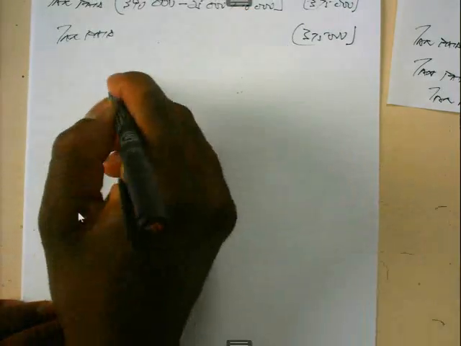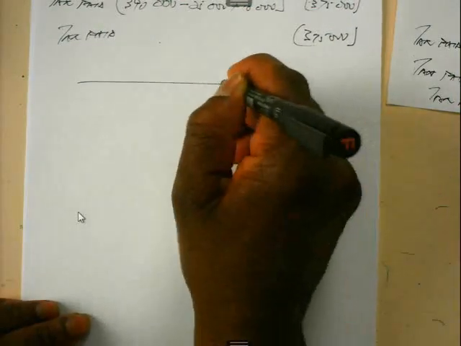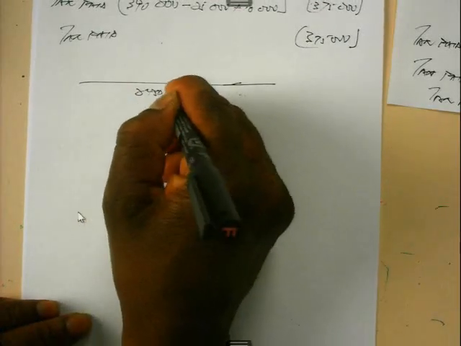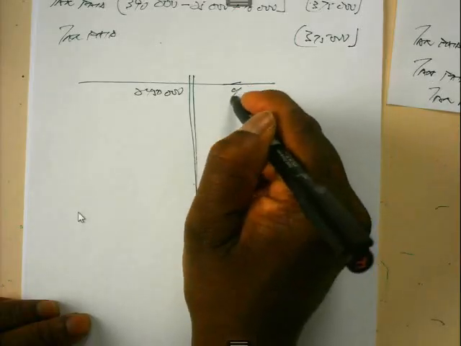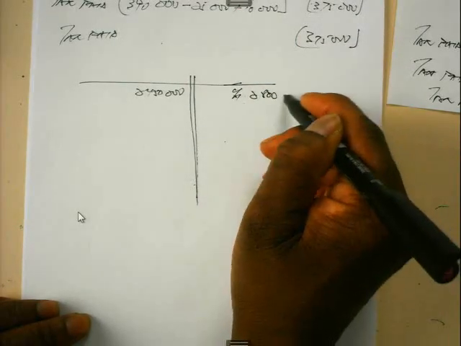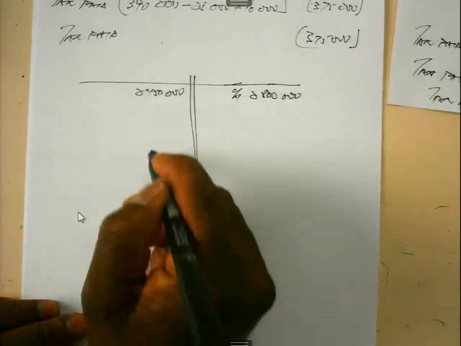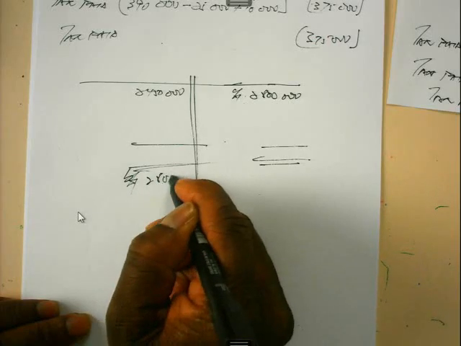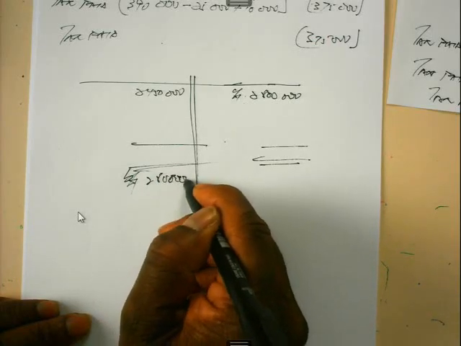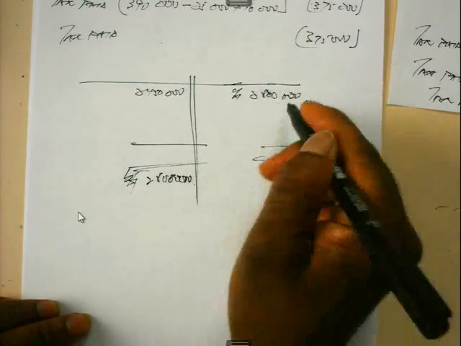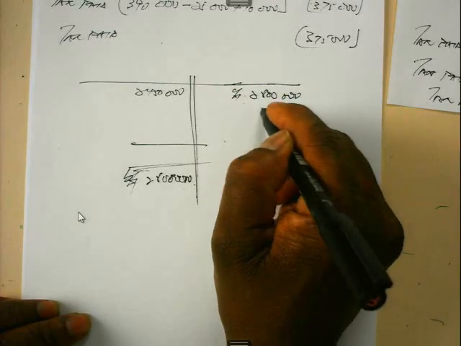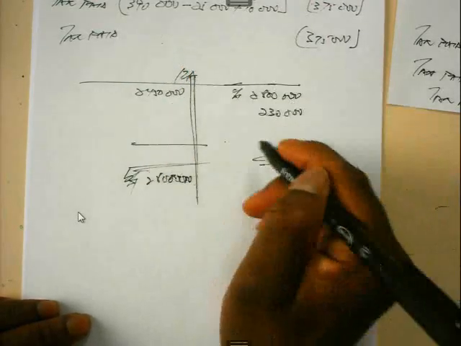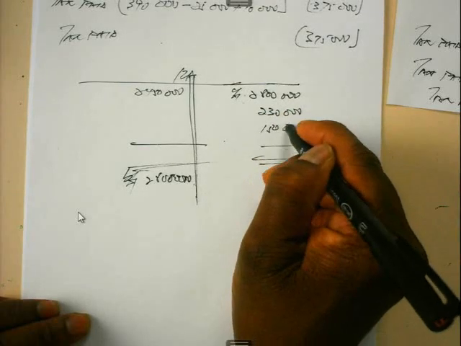Your opening balance is 2,450,000, and the closing balance is 2,800,000. And then you have your depreciation of 230,000, and with disposals 150,000.